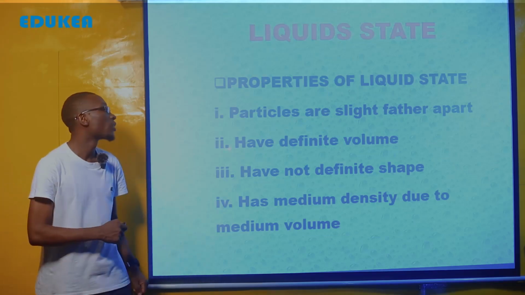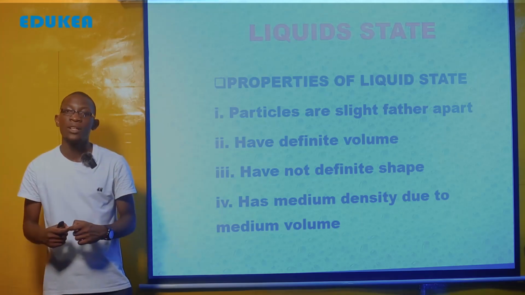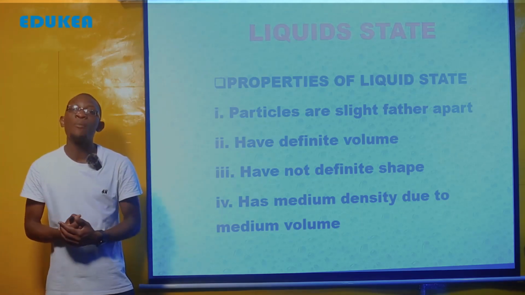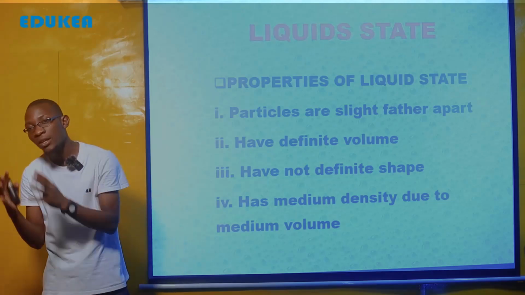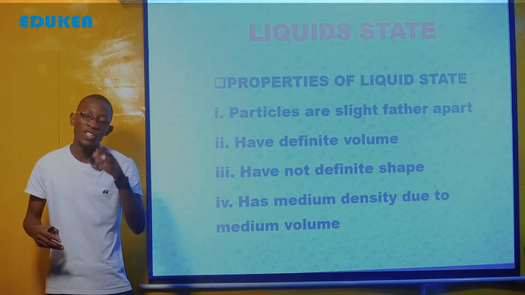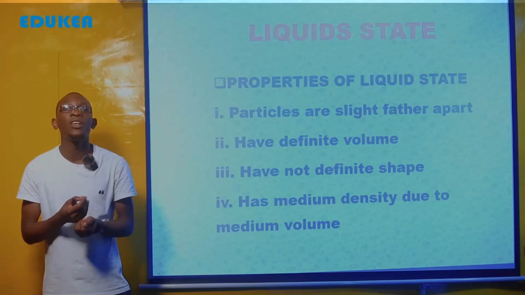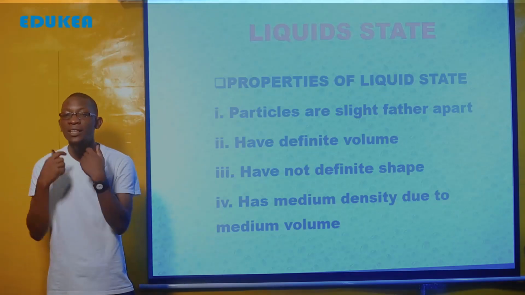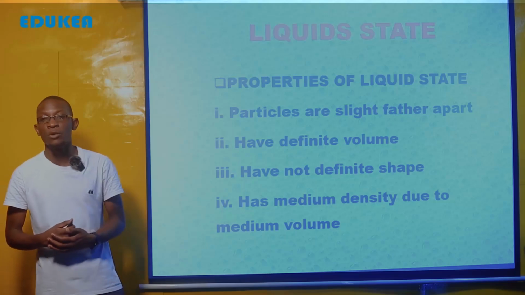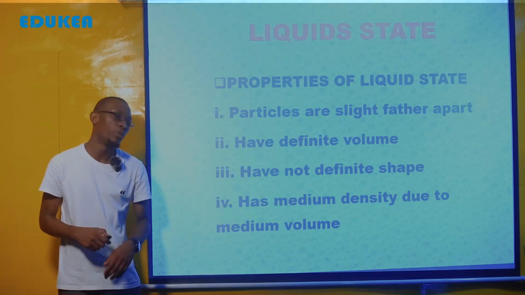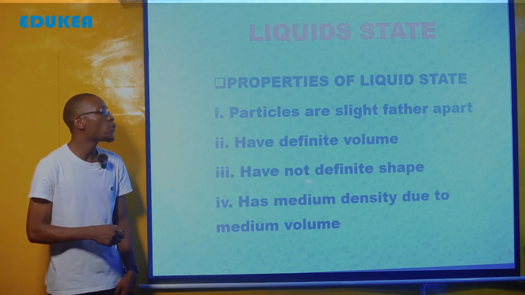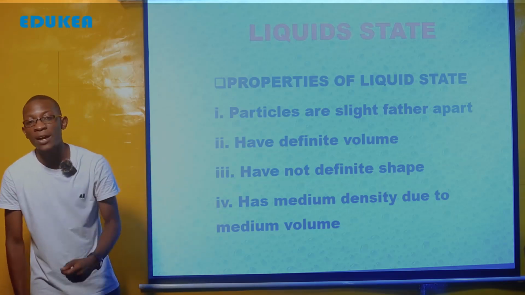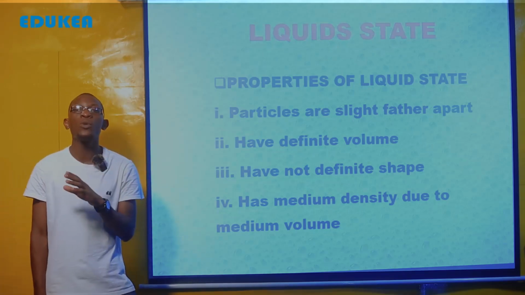Kwamba volume yake unaweza ukaieleza kwamba ina 30 cm cubic, kwamba ni 20 mita cubic, kwamba ni lita 2, haya maji ni lita 3. Have not definite shape, ni vigumu kuweza kuielezea shape ya maji au shape liquids. It is difficult to define its shape.